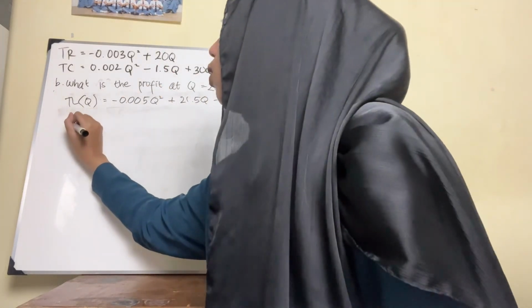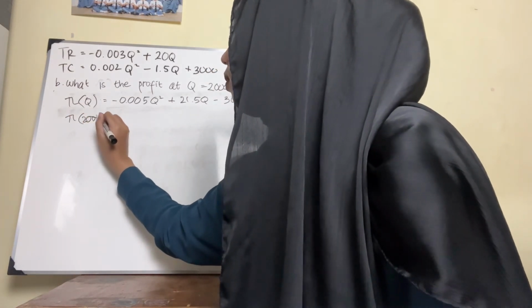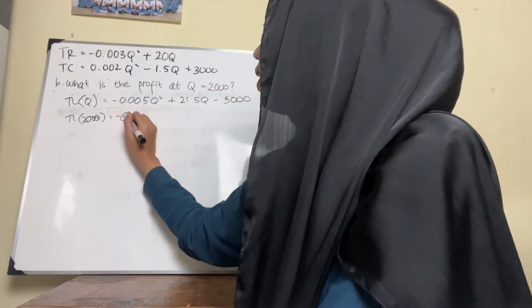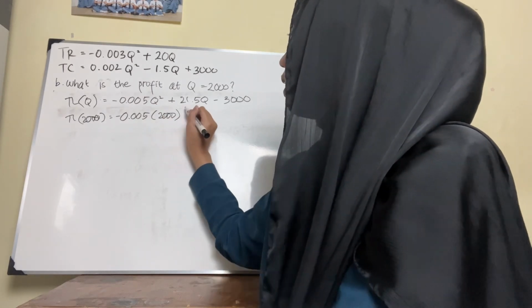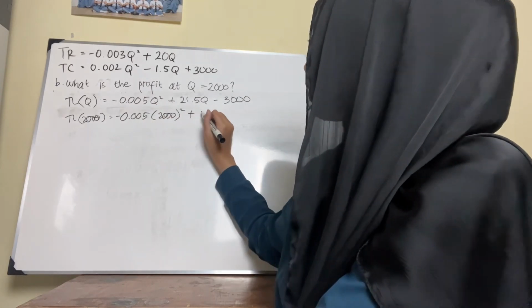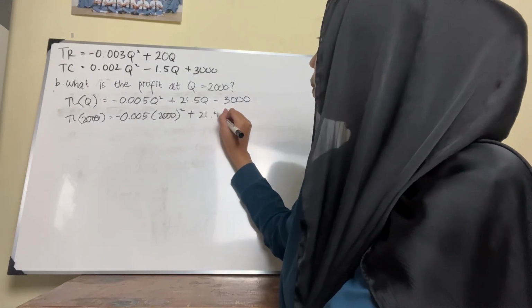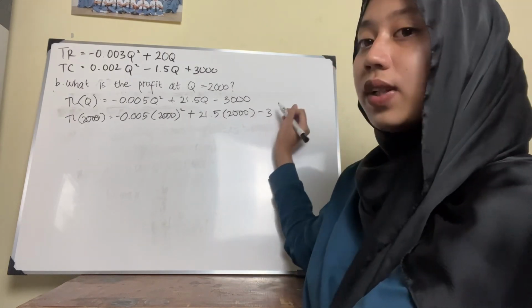So pi of 2,000 equals minus 0.005 times 2,000 squared plus 21.5 times 2,000 minus 3,000.